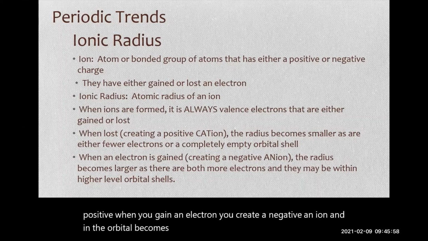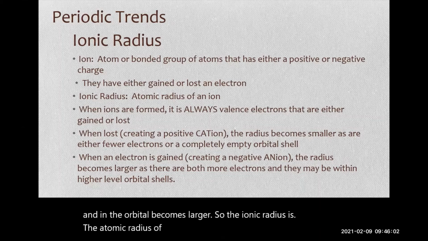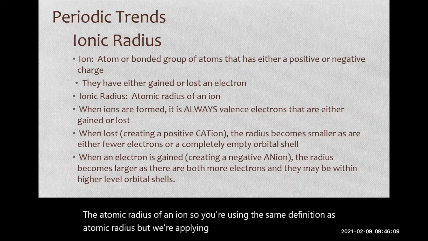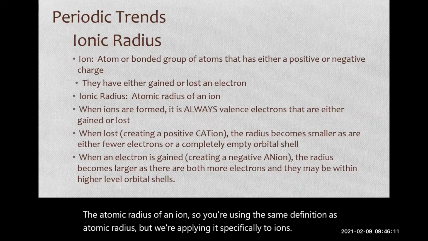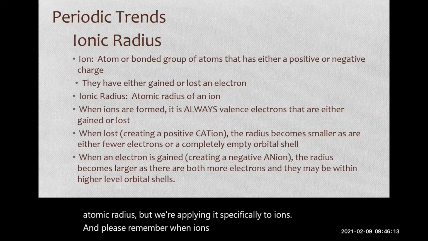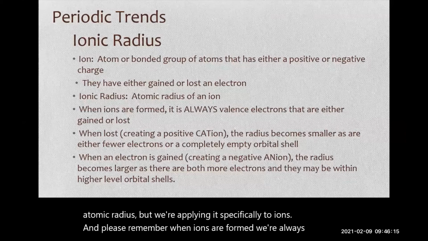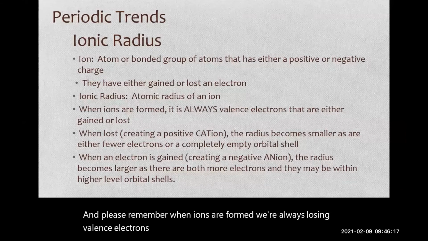So the ionic radius is the atomic radius of an ion. So you're using the same definition as atomic radius, but we're applying it specifically to ions. And please remember, when ions are formed, we are always losing valence electrons or gaining valence electrons.